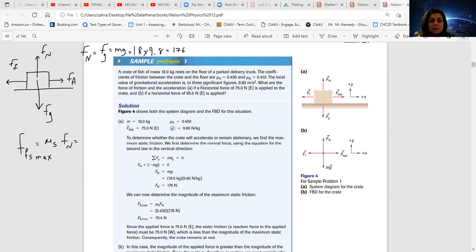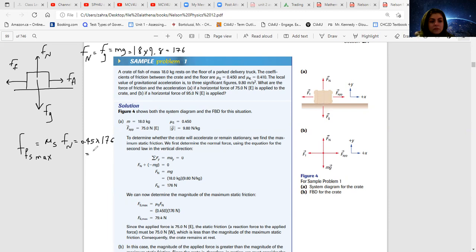So mu s is 0.45 multiplied by F n. F n is 176.